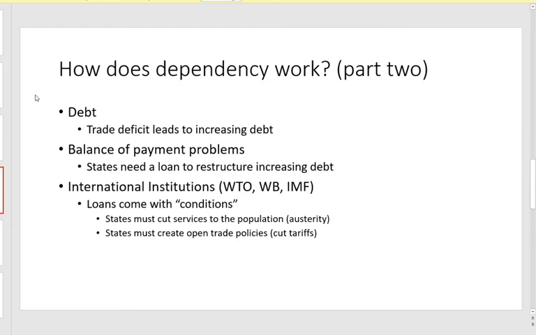You borrow because you're like, well, I'm going to make a certain amount of money off of the sale of this denim, and so I can't pay my debts right now, but I know that I'm going to tax those exports and those imports, and so I'll be able to pay back this loan. So loan me X amount of dollars, $10 million, and then I will repay that between now and the end of the year. And it's fine because of the revenue they're making.